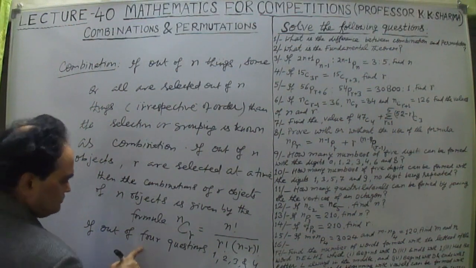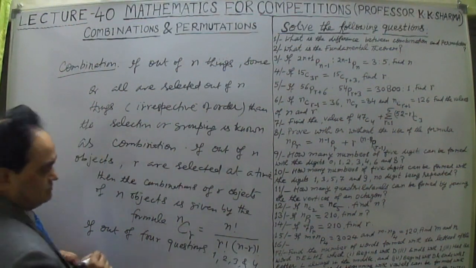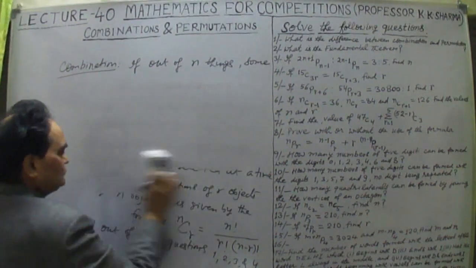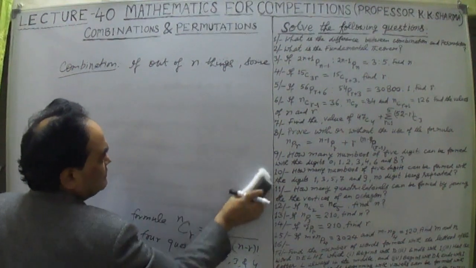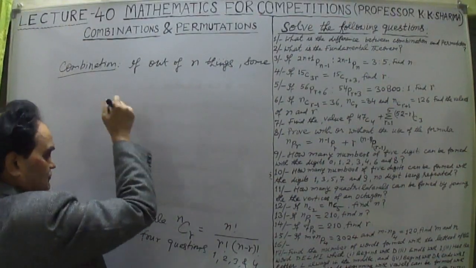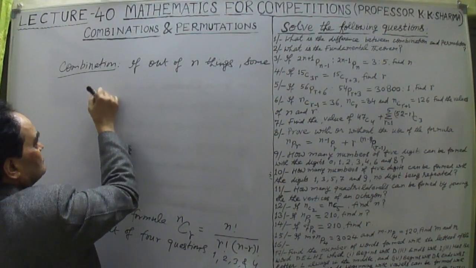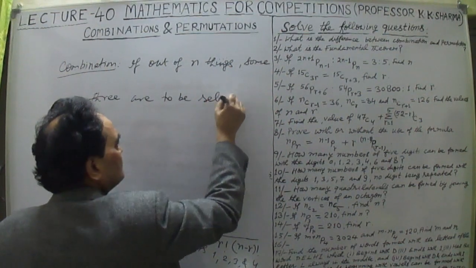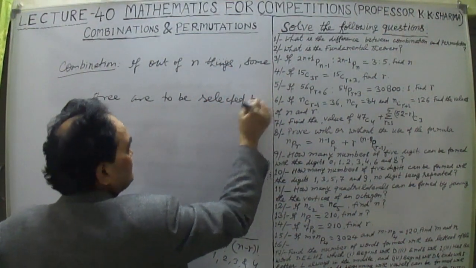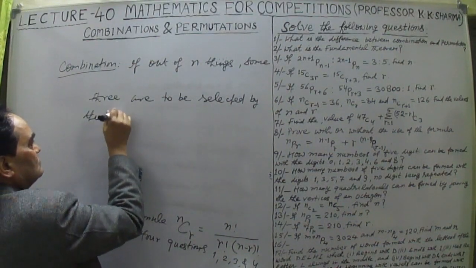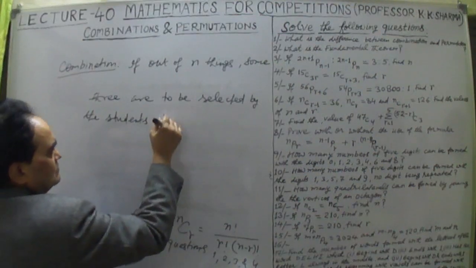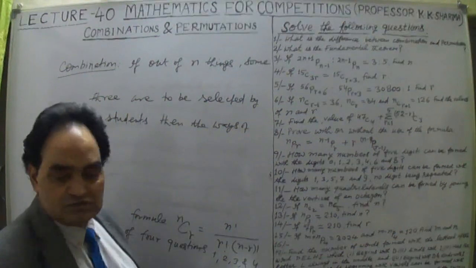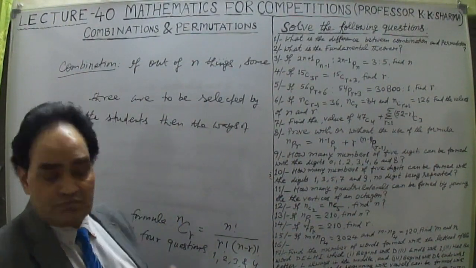If out of 4 questions, 3 are to be selected by the students, then the basis of selection is that 4 different selections of questions can be done by them, irrespective of order.